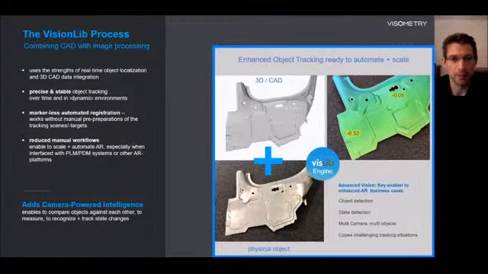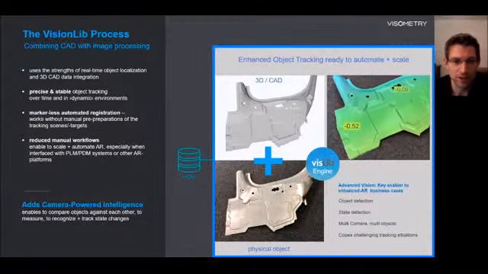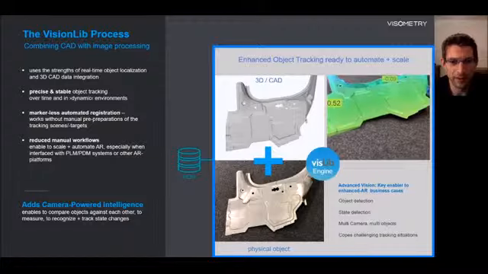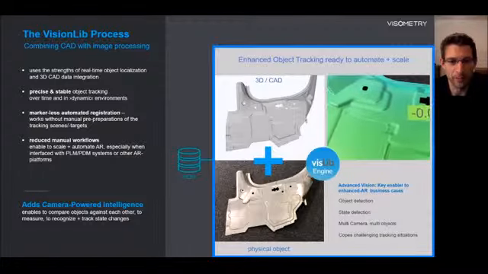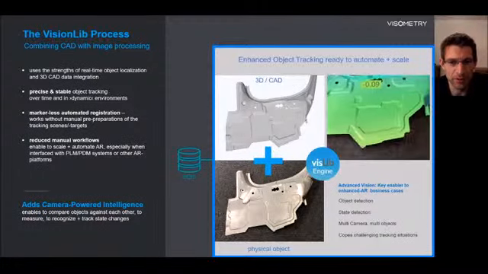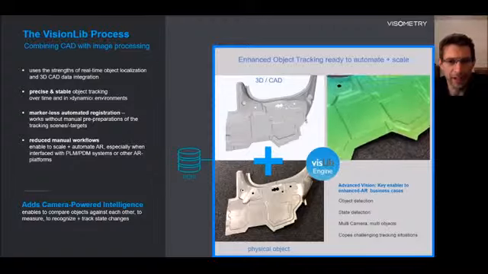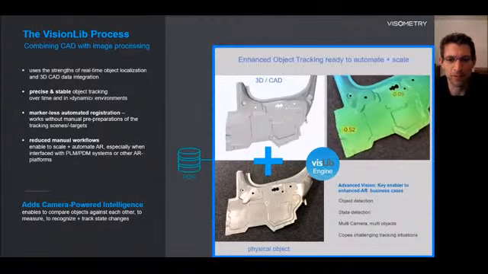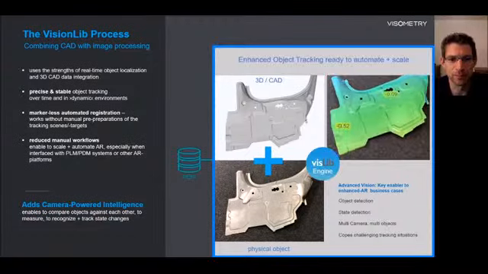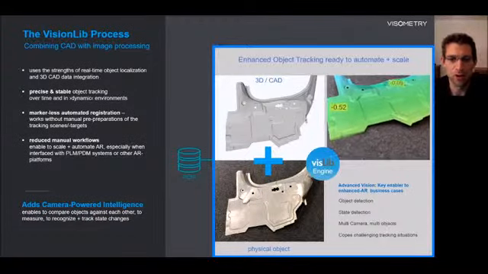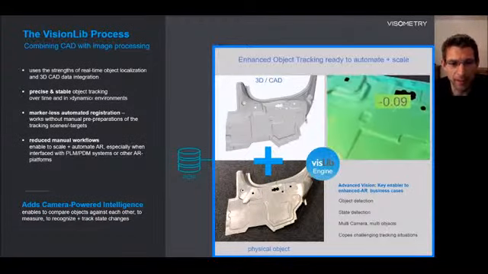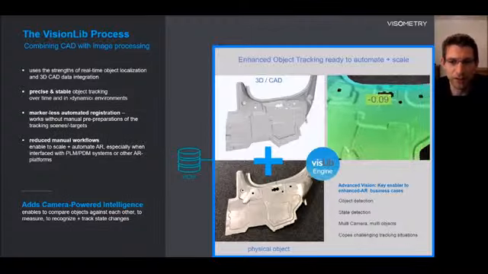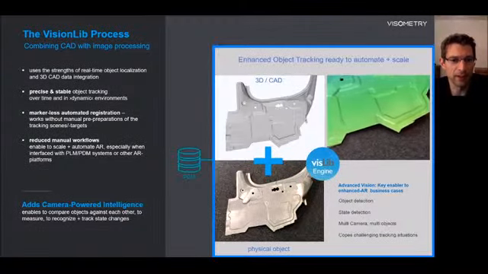So with the object tracking approach in the VisionLib SDK, we can create a way which is very simple to use, because all you need to enable the tracking is the 3D model, which is typically available from the design or construction process of a product. There's no complex preparation step like placing markers in the scenario or pre-recording a feature map of an object.